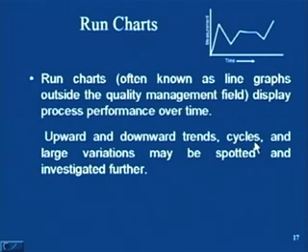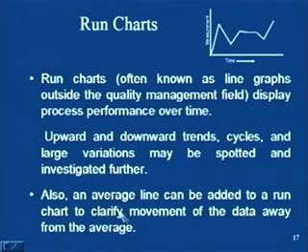Maybe some repetitive cycles are there, where after every 10 observations the values keep on repeating, and maybe some large variations because of ambient conditions can be spotted, and we can investigate further why this is happening. Also, as I already mentioned, an average line can be added to a run chart to clarify movement of the data away from the average. So, if we know the average value, we can draw a horizontal line and find out how the data is deviating from the mean value.